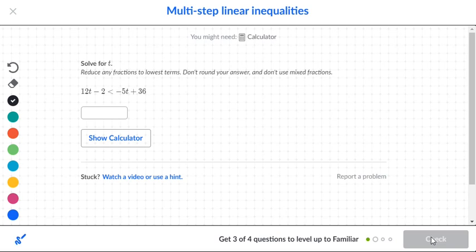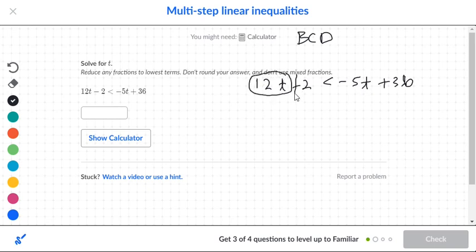Again, we're going to use BCD. So I'm going to say 12t minus 2, inequality sign, negative 5t plus 36. So let's code the problem. Let's circle, let's box, let's circle, let's box.